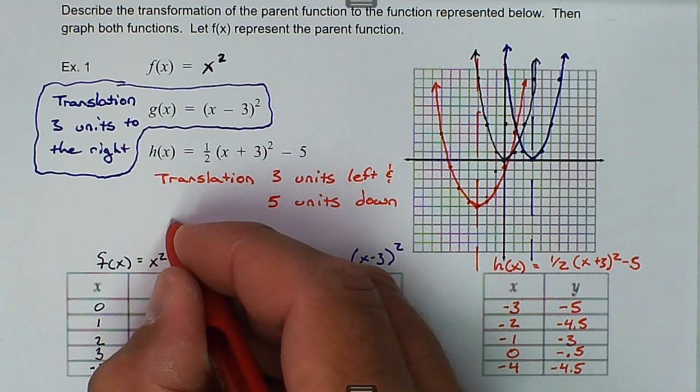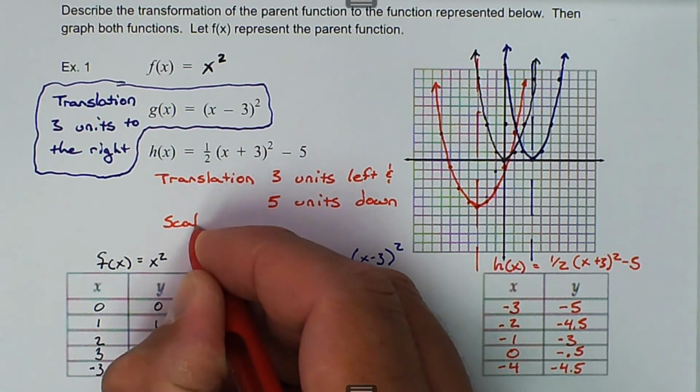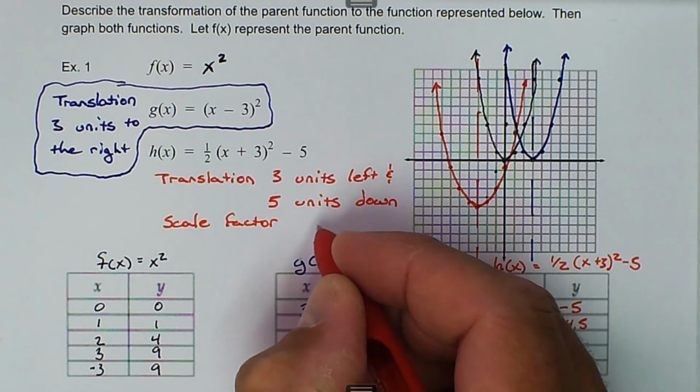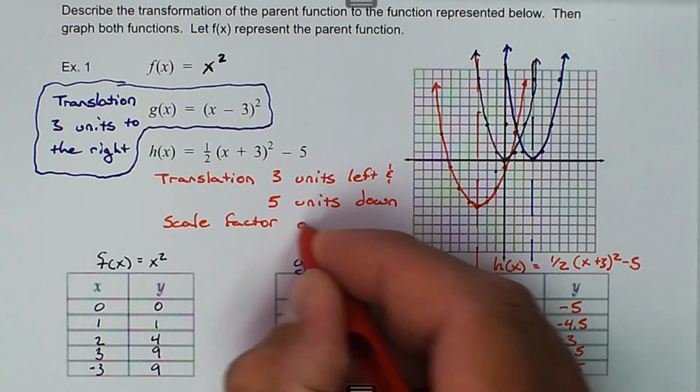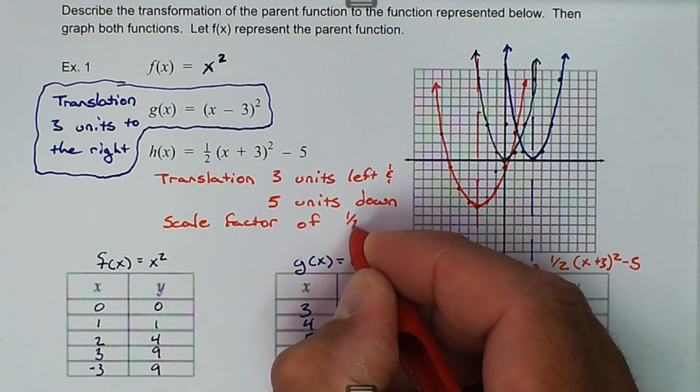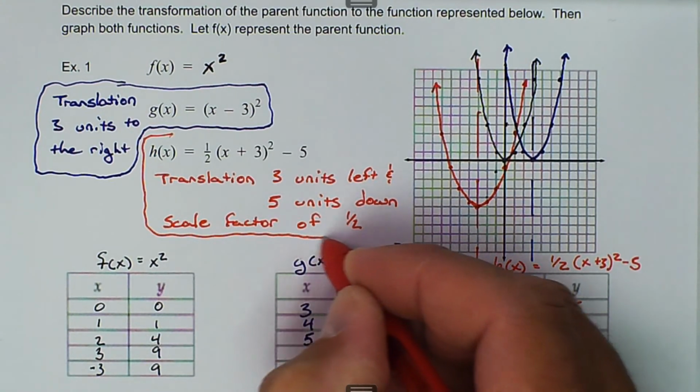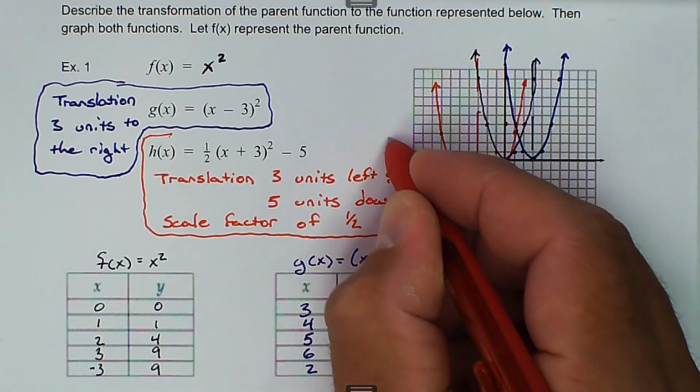And then it also had a scale factor of 1/2. So that was h of x.